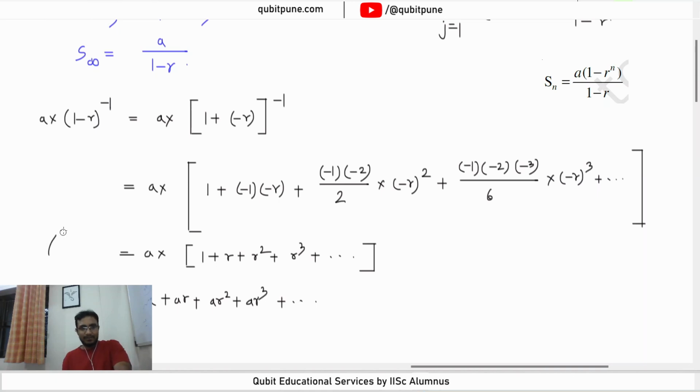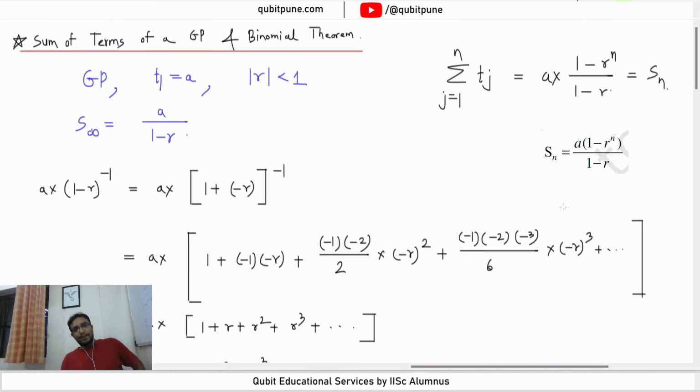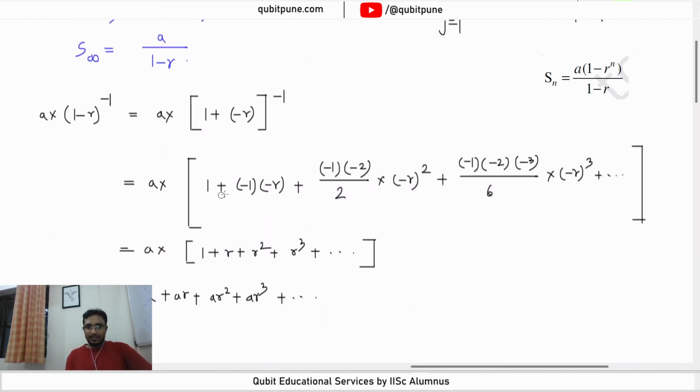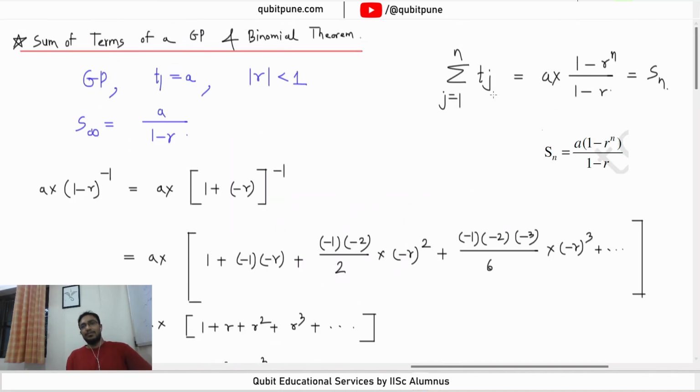You can check it by yourself, okay? So, sum of terms of a geometric progression whose common ratio has absolute value less than 1, it actually works. You can use this binomial theorem to arrive at that result, or you can also use the standard result from geometric progression to arrive at the same result.